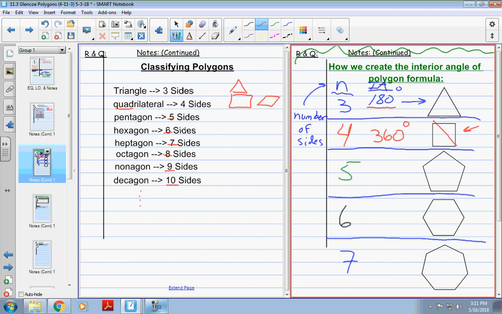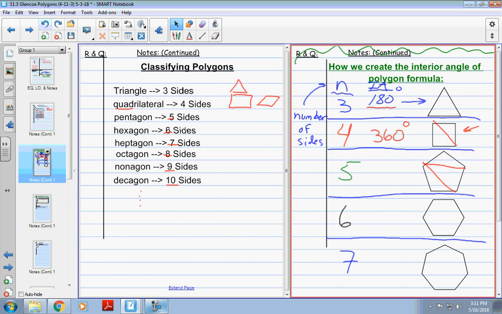Okay, so now we're on to the pentagon. How many triangles can we cut the pentagon up into? Let's find out. 1, 2. Oh, I don't think I can go any further. If we tried to make other ones like this, we'd actually be cutting through the other triangles that are already there. So when we do this activity, you're literally only trying to create triangles from a single corner without going over any other line.